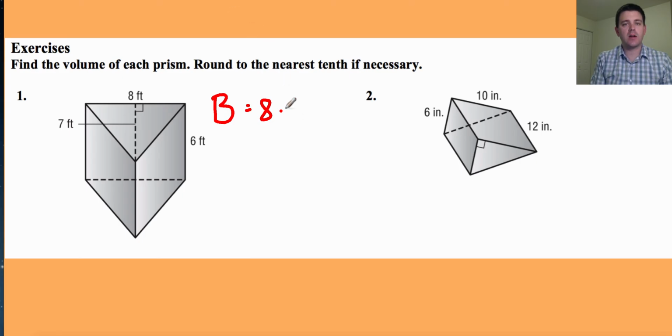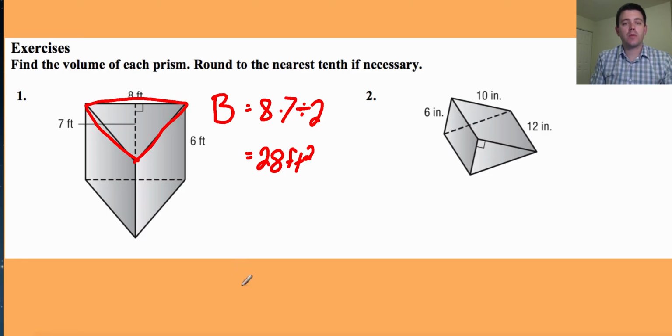That tells us that that's our height for our triangle, and then we're going to divide it by 2. 8 times 7 is 56. Divided by 2 is 28 feet squared. That's the area of the base, the area of my triangle.